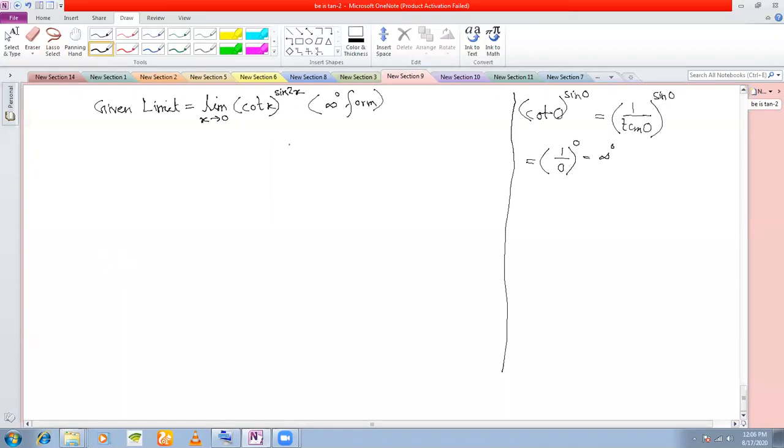Okay. Before using L'Hospital's rule, we want to bring it to either a 0 by 0 form or an infinity by infinity form. So what you do is you take y is equal to cot x to the power of sin 2x, and we take the limit also. Limit x tends to 0 of cot x to the power of sin 2x. Okay, now we take logs.